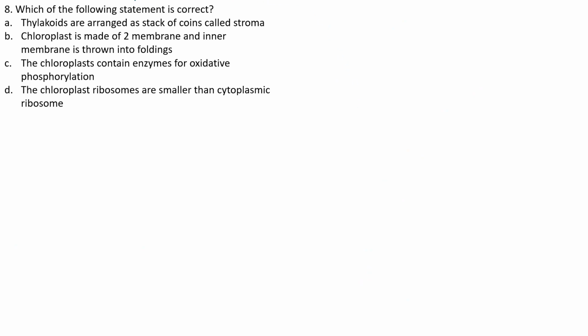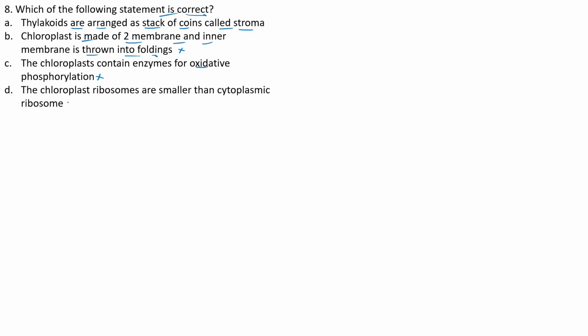The next one, which of the following statements is correct? Thylakoids are arranged as a stack of coins called the stroma. Chloroplast is made up of two membranes, and the inner membrane is thrown into foldings. This is not a true statement because there is no cristae formation in the case of chloroplasts. The chloroplast contains enzymes for oxidative phosphorylation? No, these enzymes are mainly found in the mitochondria, not in the chloroplasts. Chloroplast ribosomes are smaller than the cytoplasmic ribosomes.